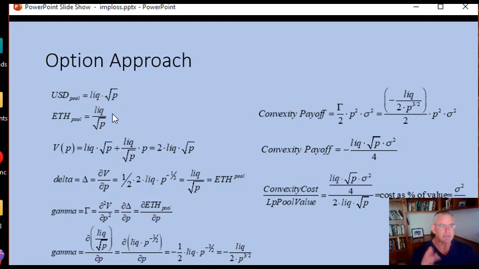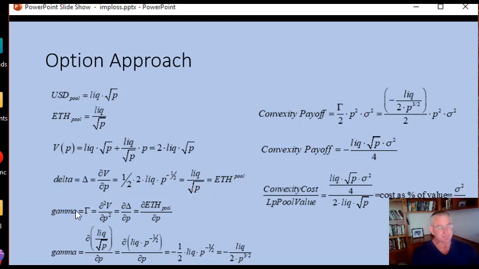We got these values from the earlier slide, and the delta is simply the amount of ETH in there, which makes sense. If Eve has 100 ETH in the pool and 2,500 times $100, well, her sensitivity to a change in the price of ETH is going to be the amount of ETH in the pool. Makes sense. Fine.